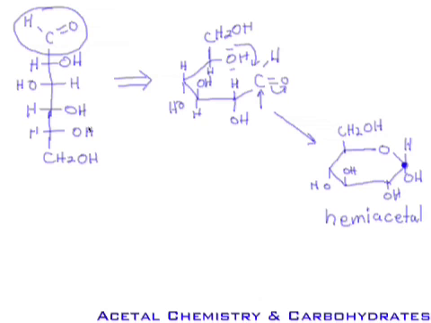It has a hydroxy. Why did I pick this OH to attack the carbonyl? What kind of ring did I make? Well, you made a six-membered ring, a cyclohexane with an oxygen in it. What do you know about cyclohexane from last semester?